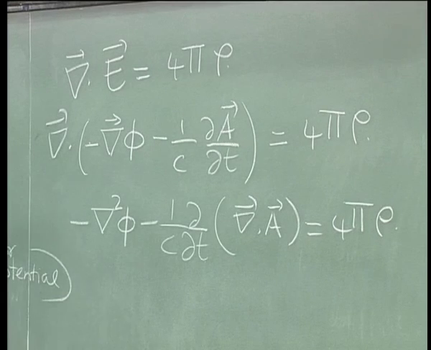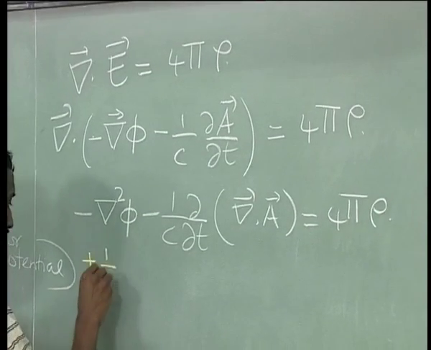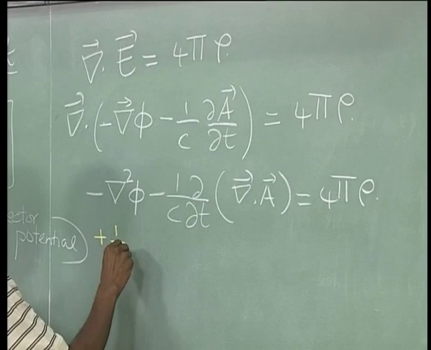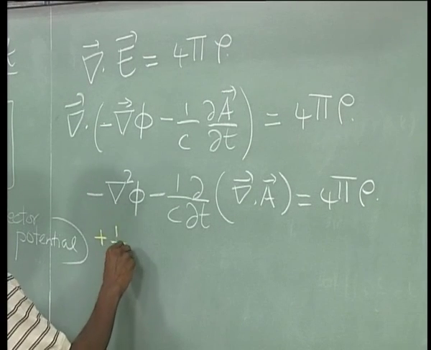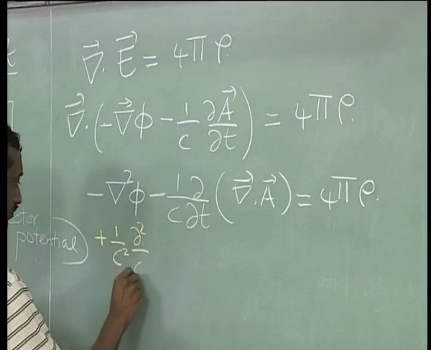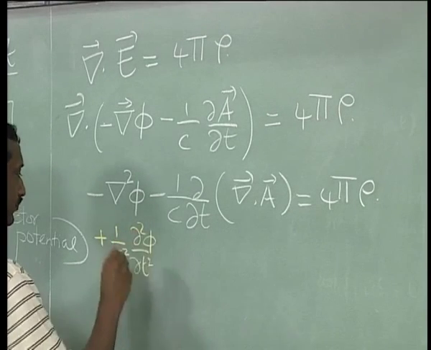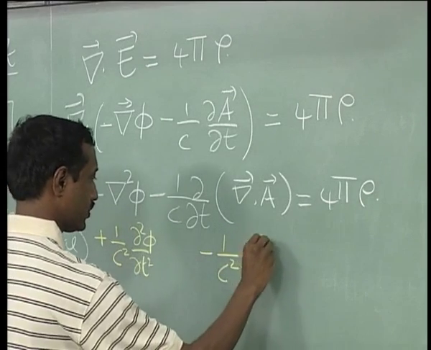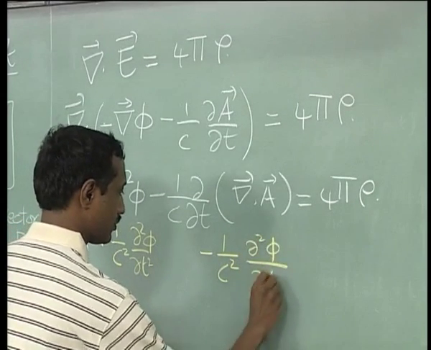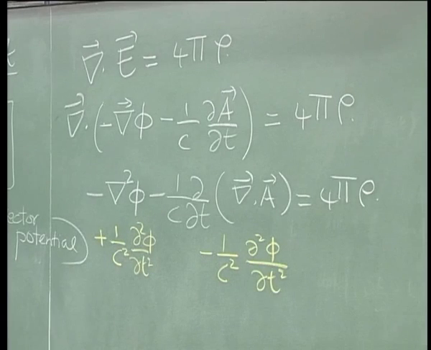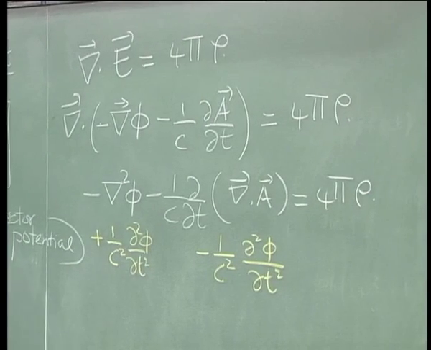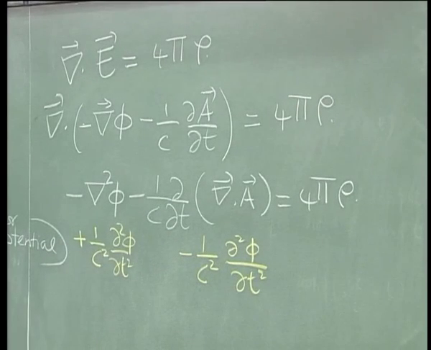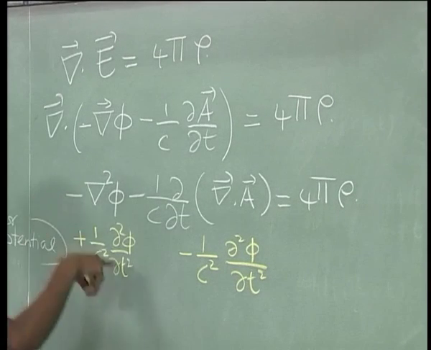Yeah, so plus 1 by C. Okay, really I am doing nothing, I am adding 0, but I will combine these two and I will reorder things out here, and I can rewrite this combination.